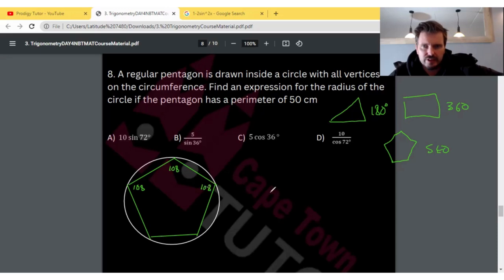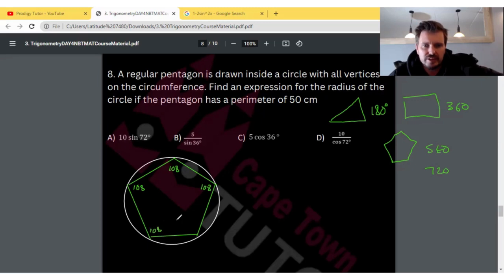If it had been a hexagon, we add another 180 to this, we get 720, and we divide those interior angles by 6. That would be how we would do that. So you'd get 120 if it was a hexagon.